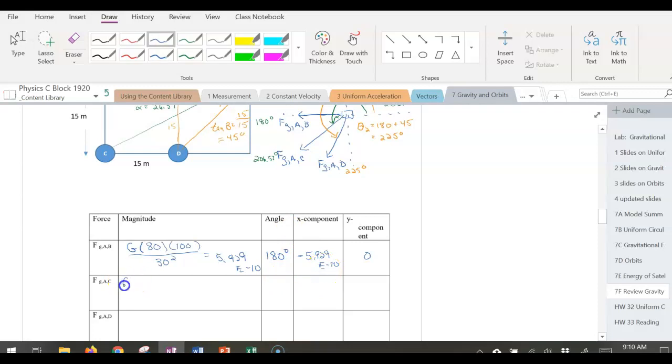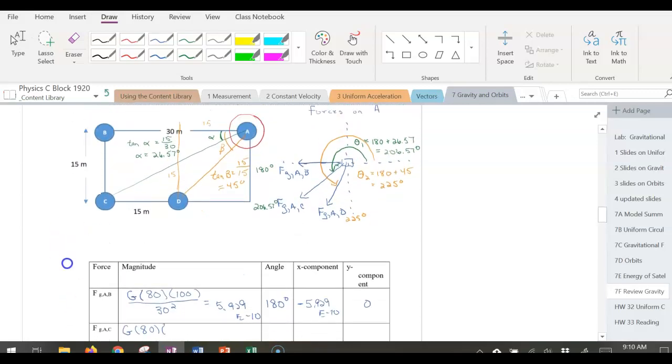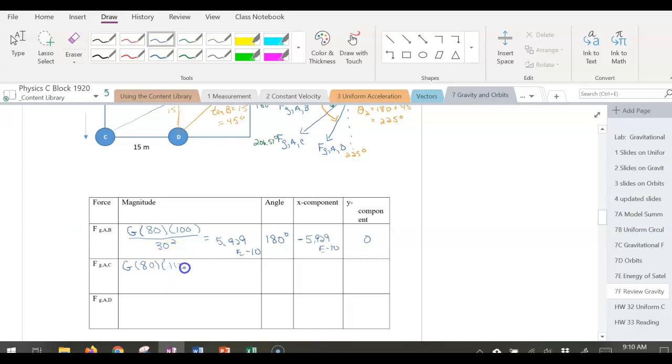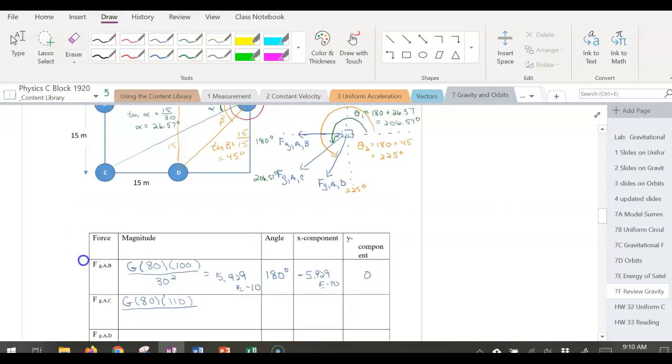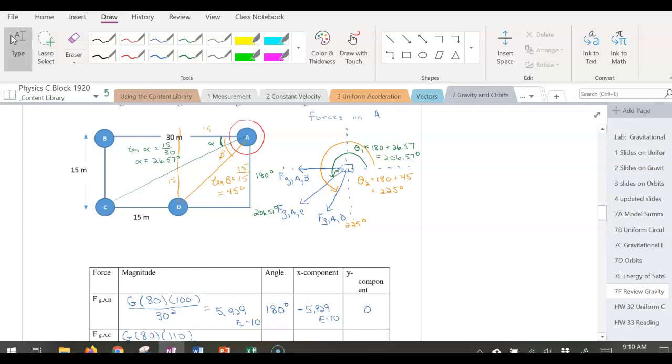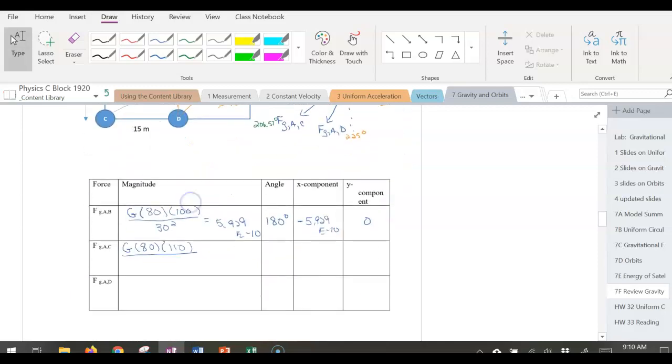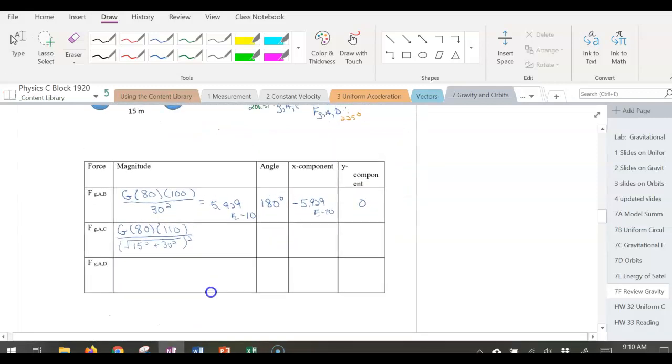Okay, let's find here the next force, which is the force that C is exerting on A. So the mass of A is 80. The mass of C is 110. And I have to find that distance. That diagonal is going to be the square root of 15 squared plus 30 squared. And of course I want to square it. All right, I did that right, okay.